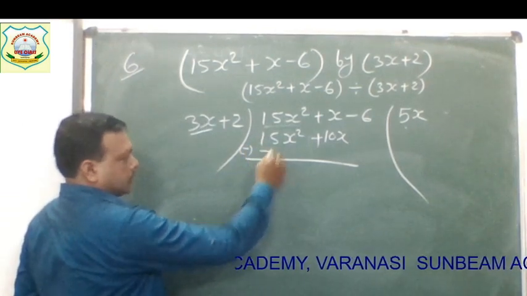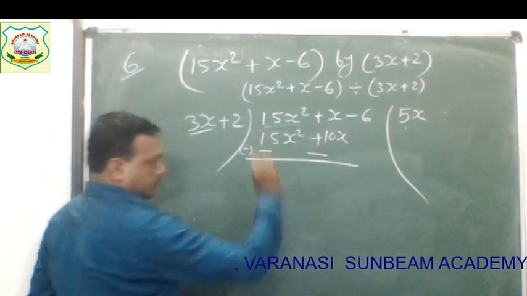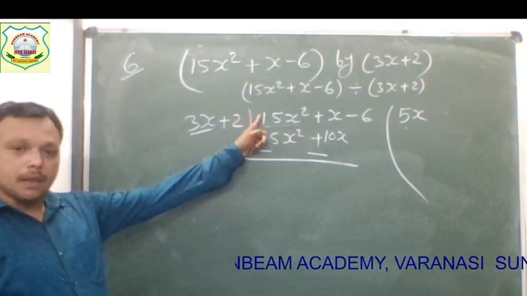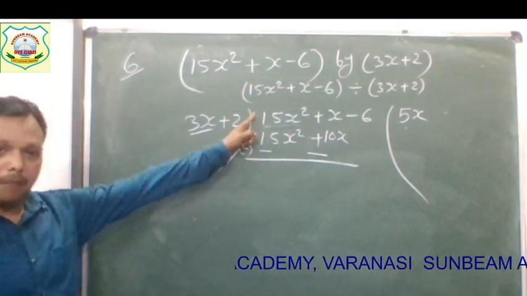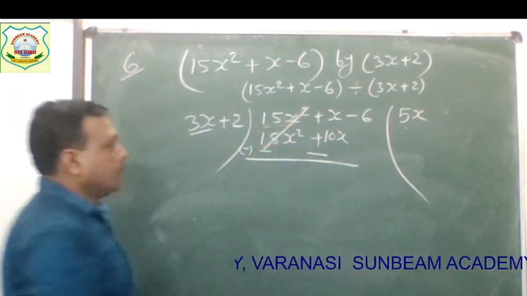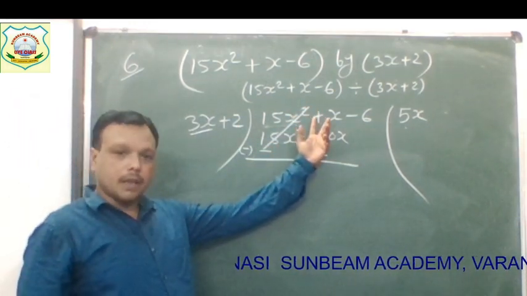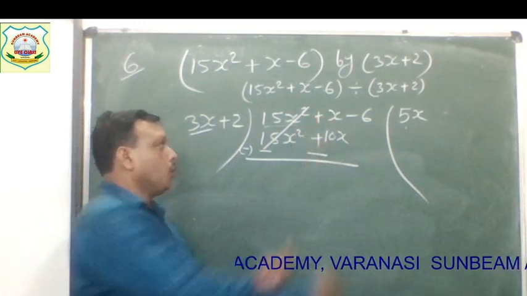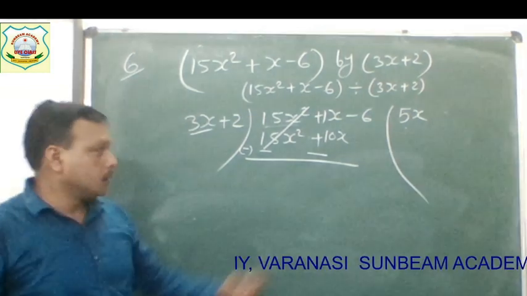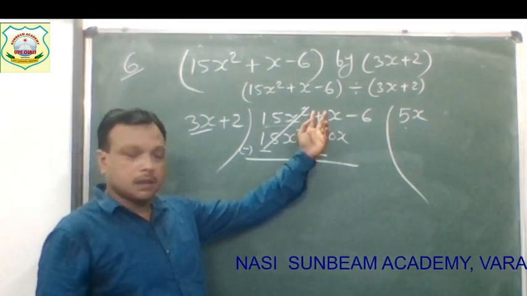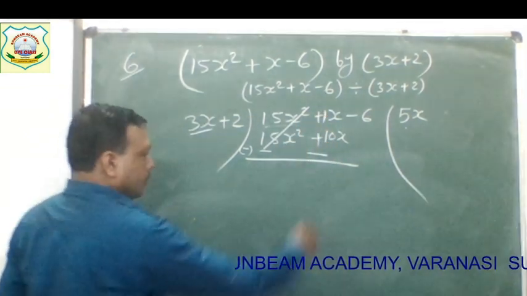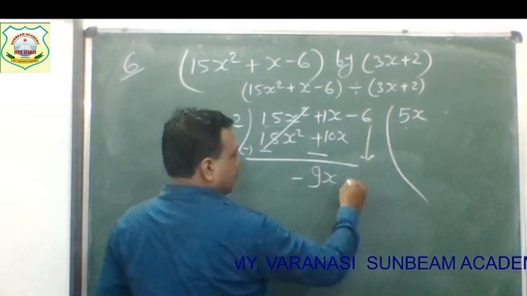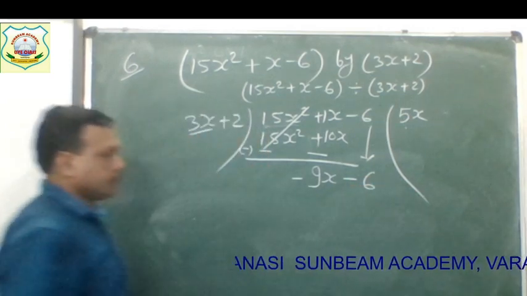Minus 15x square plus 15x square, so minus plus minus, it will be cancelled. Minus 10x plus 1x, it should be minus 10x and plus 1x. Clear? So 10 minus 1, that is 9, but the sign will come in minus x. Now this value comes down, minus 6.